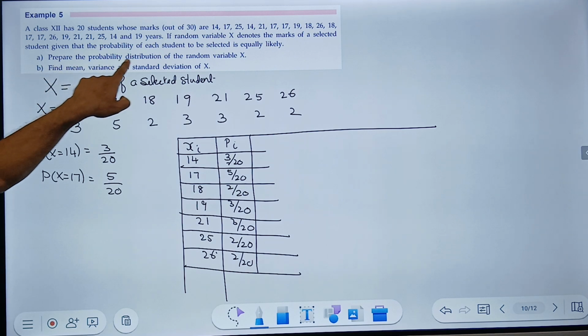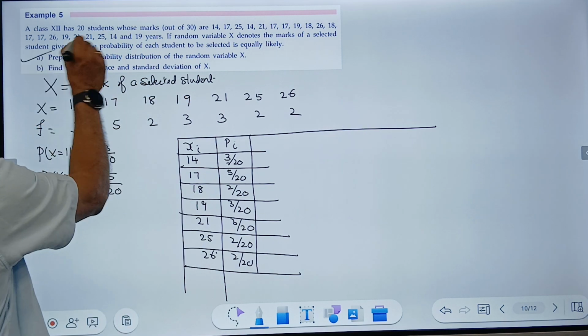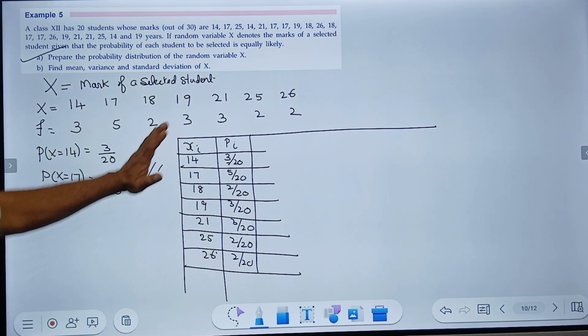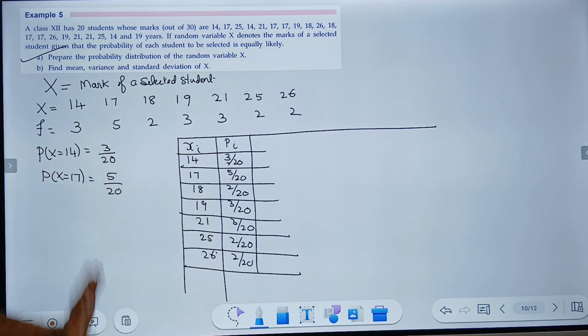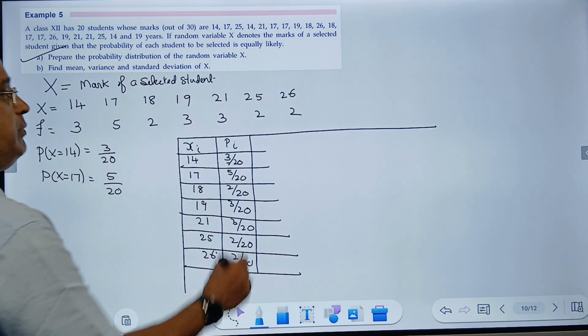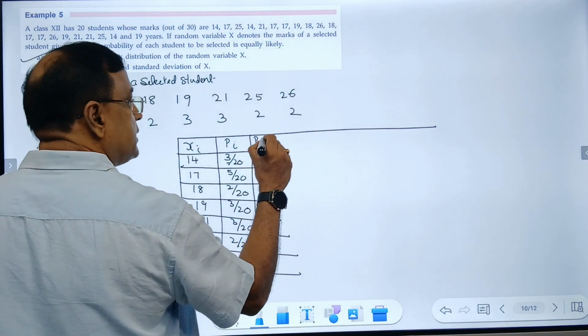So prepare the probability distribution table. First subdivision is completed. Cross check and see sigma pi is 1, so X is a random variable. He wants me to find the mean, so I have to find pi xi.